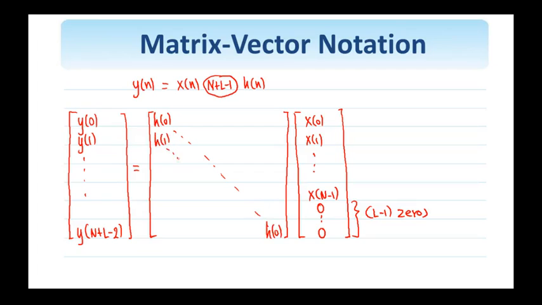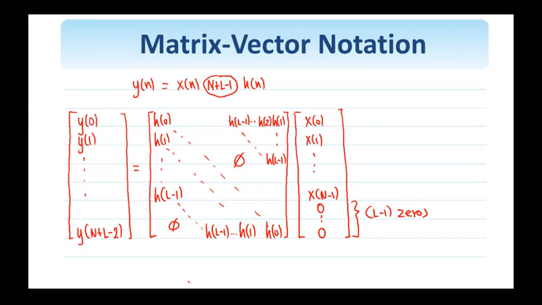H1 on the diagonal below it, all the way to HL minus 1, will be 0 here, and then at this corner will be H1, H2, HL minus 1, and I'll have, let's say here, HL minus 1, and 0 everywhere else.